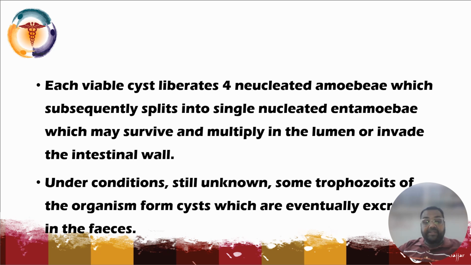Under conditions still unknown, some trophozoites of the organism from the cyst are eventually excreted in the feces. ये जो cyst होगी protozoa की, वो फिर feces में पास होगी. फिर वो healthy person में fecal-oral route से transmit होगा. So it is spread by the fecal-oral route.